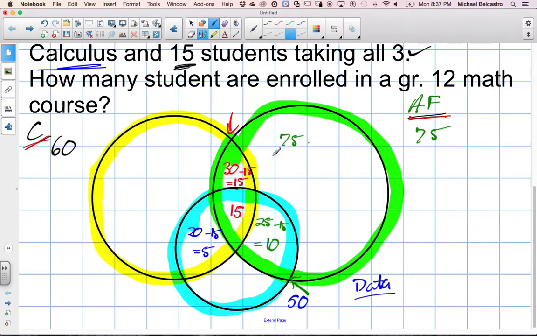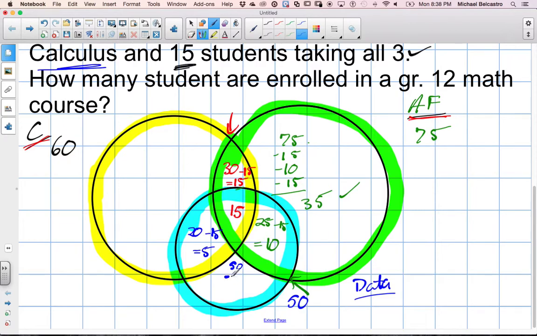So we're going to subtract 15, like adding negative 15. There are another 10 who are both data and advanced functions, and then there's another 15 who are in all three. So we're subtracting a total of 40 from here, which means there should be 35 students who are just taking advanced functions. Same idea with our data. We start with our 50.